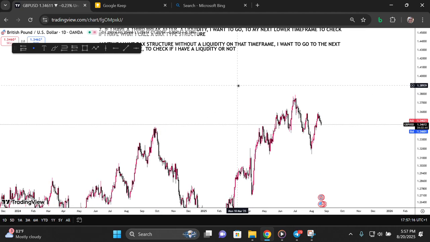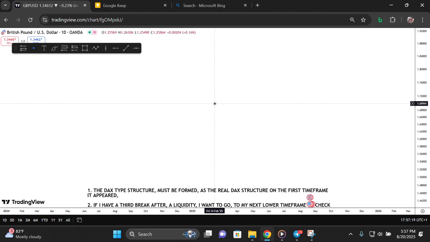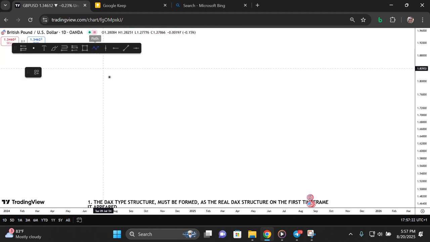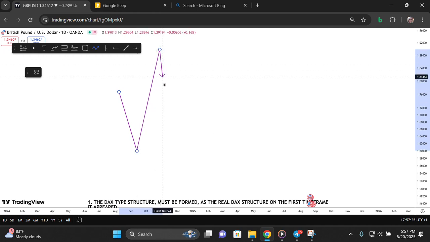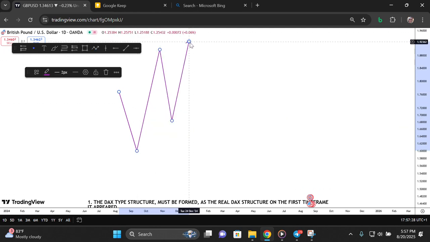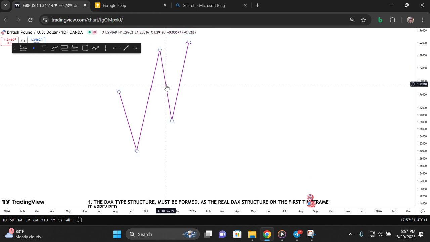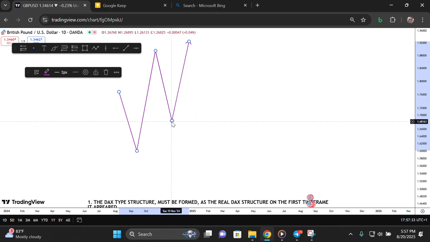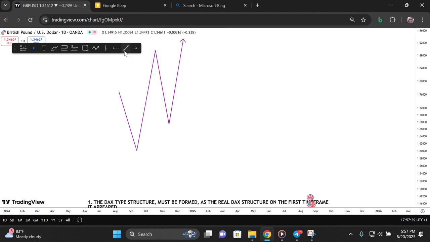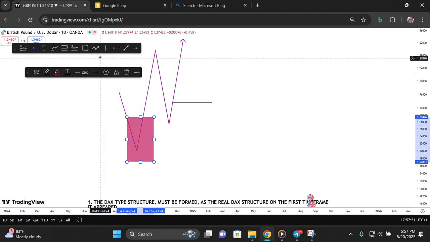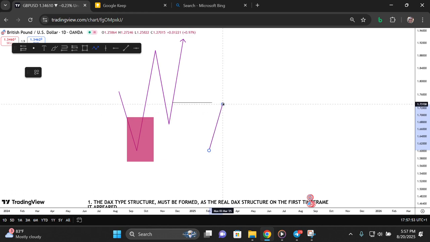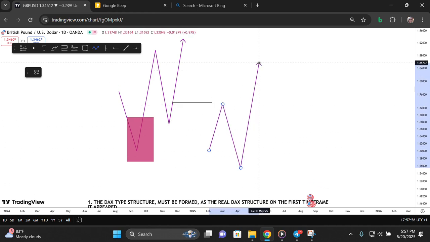Before I formulate the rules, that rule states that if I have two basic market structures that first appeared on a particular time frame, let's say they happen to be two basic market structures, I need to go to my next lower time frame to check if this first one has a sweep, which is that structure.